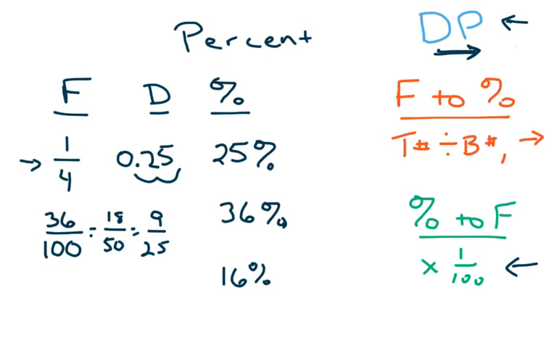Now down here on the bottom we have 16%, so we're going to change it to a decimal. If you go back up here to the DP, this time we're changing the percent to a decimal, so you're going to move it to the left, and you're always going to move it twice. So when you move it twice, you get 0.16. And again, it's always easier to change the decimal to a fraction.